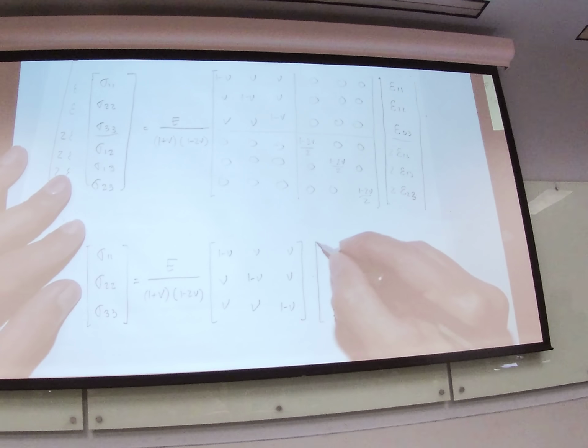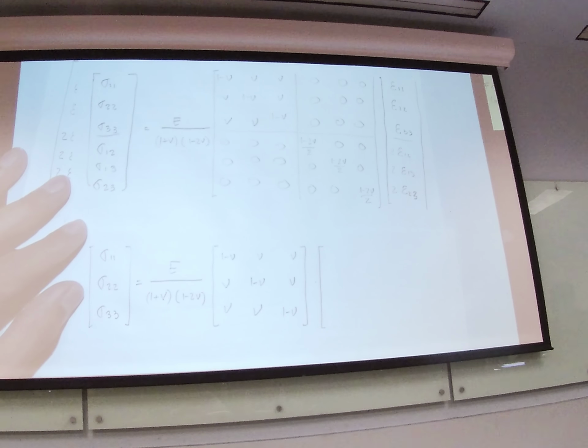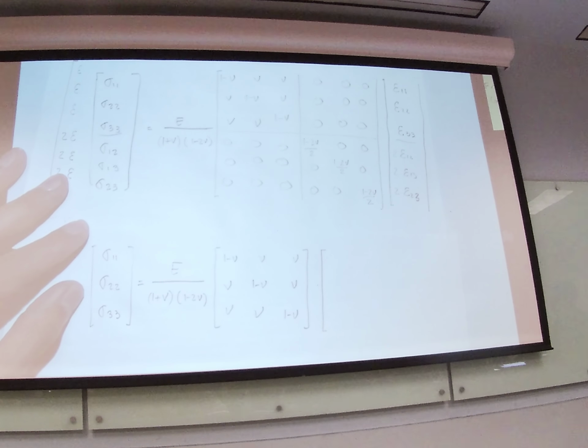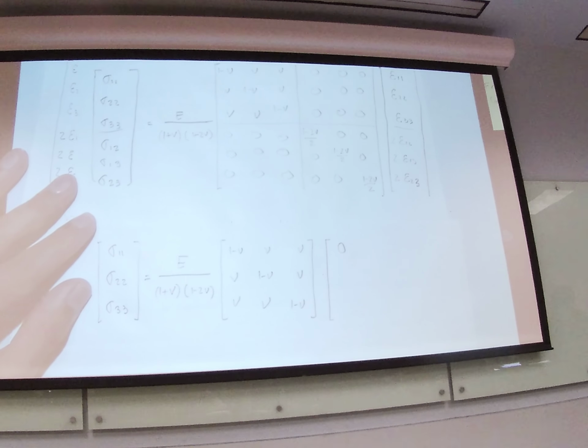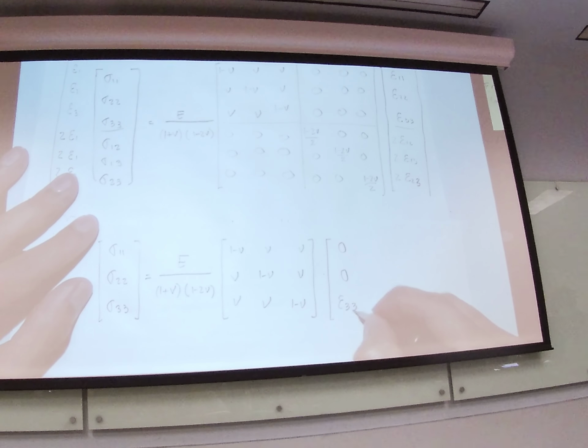Now times, what is epsilon 1,1 in our current case? It's going to be 0. Epsilon 2,2 is going to be 0. And epsilon 3,3 is going to be different than 0, right?